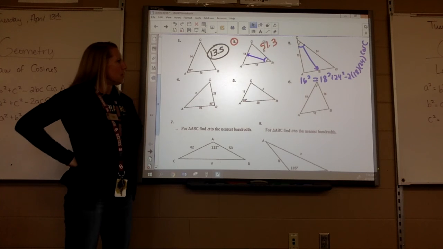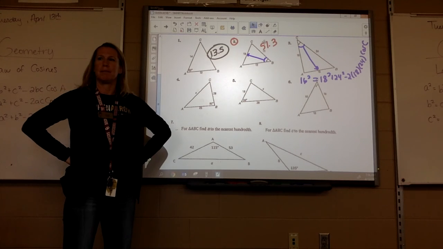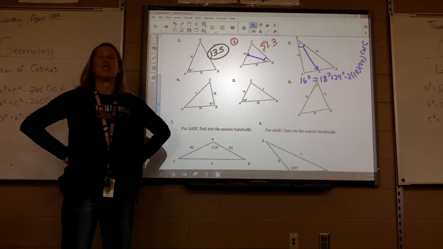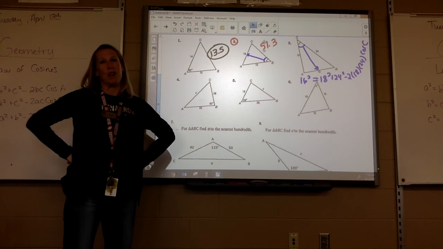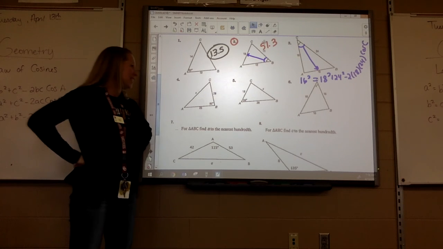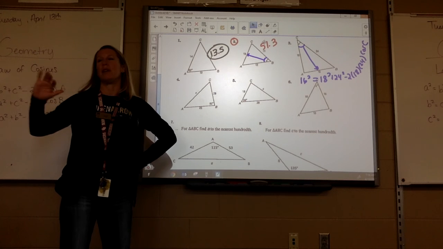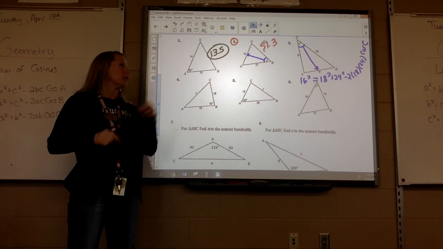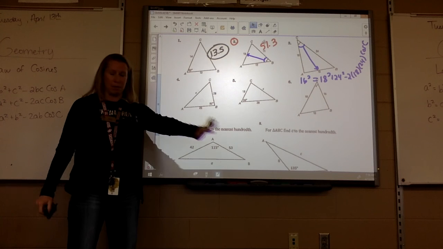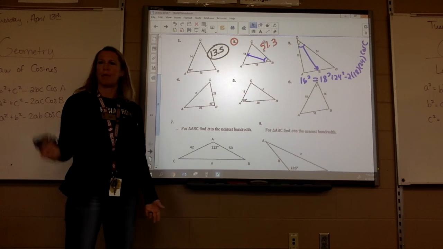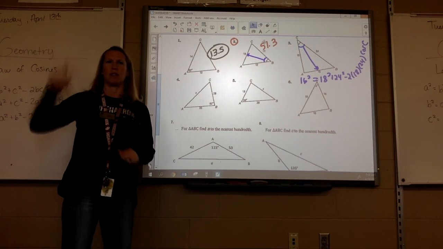Do you guys know what 16 squared is? 256. Did you know that without the calculator? No. I don't know 18 squared actually. I should. 324. You said to learn all of them. I know it will help you in algebra 2. My boys, I had them memorize it and that helped them so much in algebra 2. I think maybe when they were doing radical stuff.